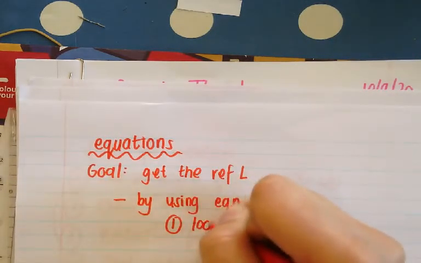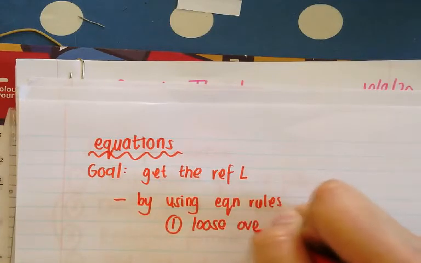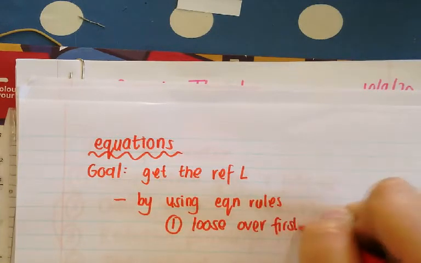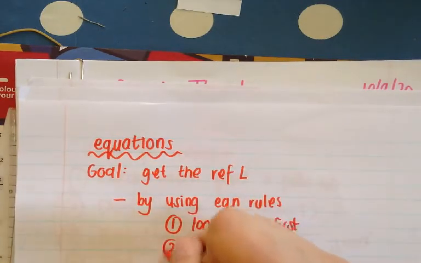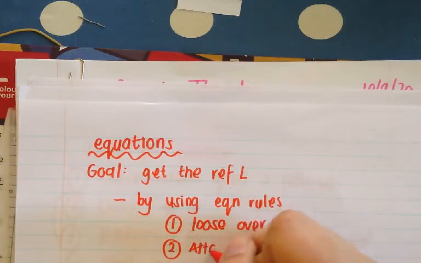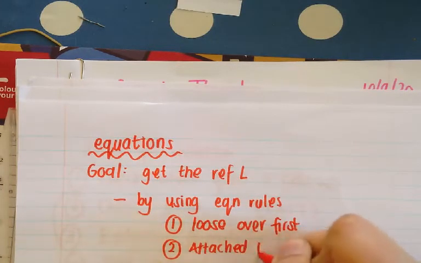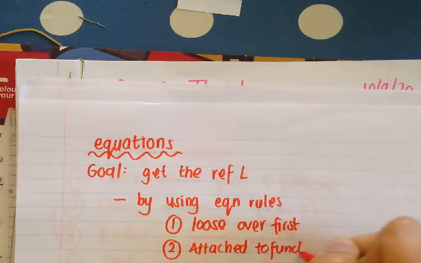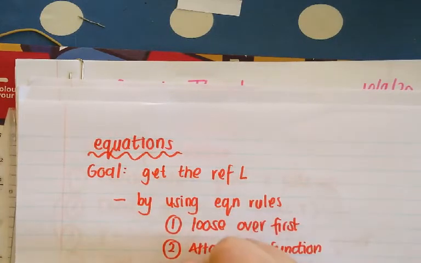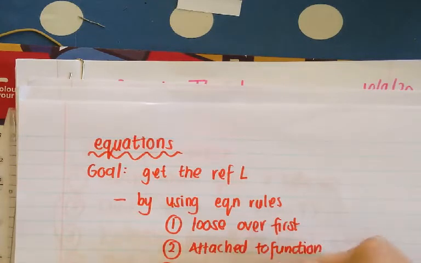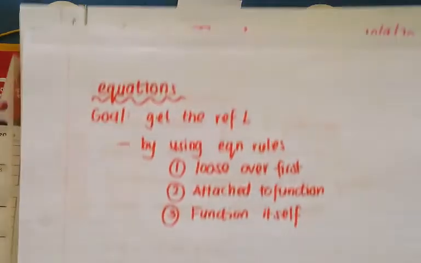Take your loose number over first. Then what's attached to the function over. Then the function itself. And that will give you your reference angle.